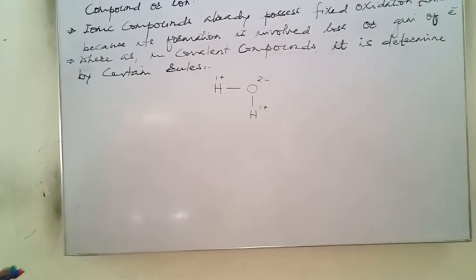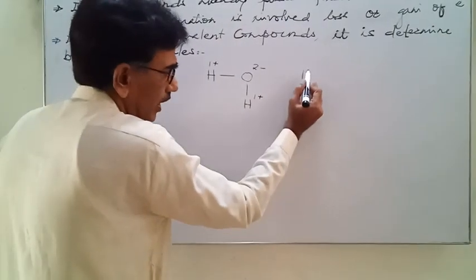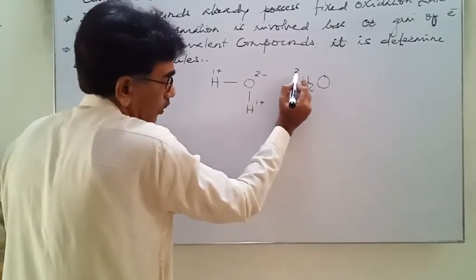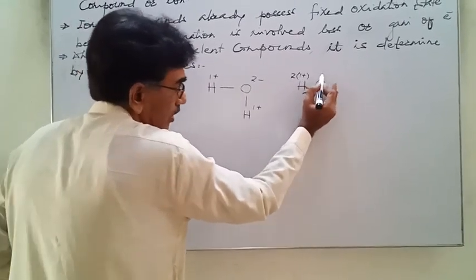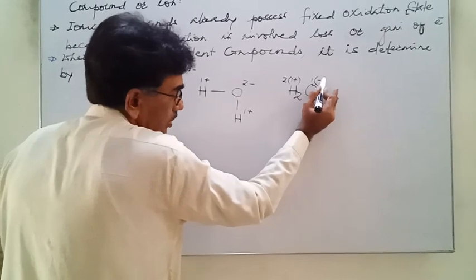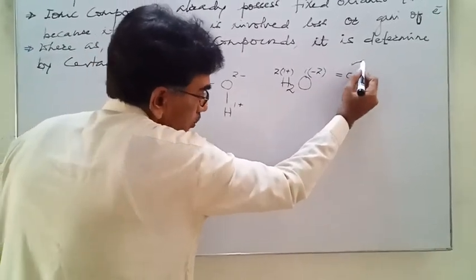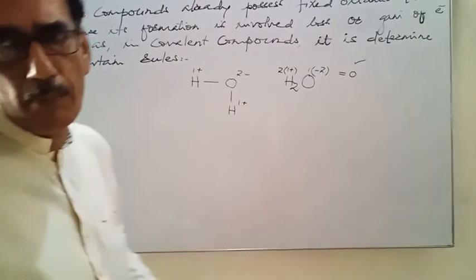In H2O, we have 2 hydrogen atoms with oxidation number +1 and 1 oxygen with -2, and as a whole the charge is 0, meaning the whole molecule of the compound.